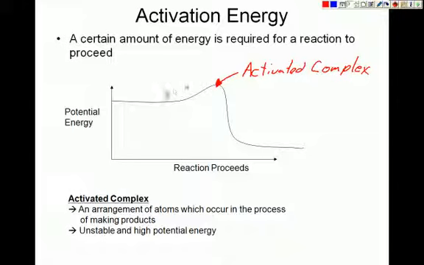Reactants require a little bit of energy, and this little bit of energy that they require is called activation energy. Here we can see the energy that it does require is this amount. We'll write this in blue.